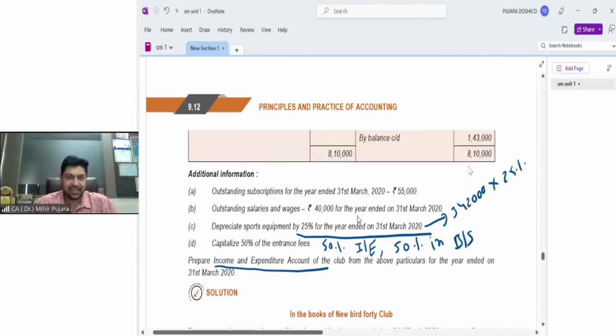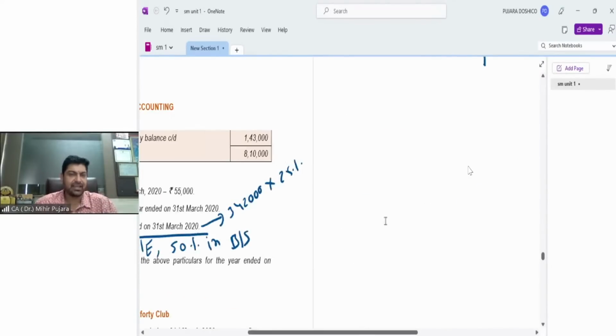So first done, second done, third done, fourth done. Everything is done. So we can now just do the total and freeze.